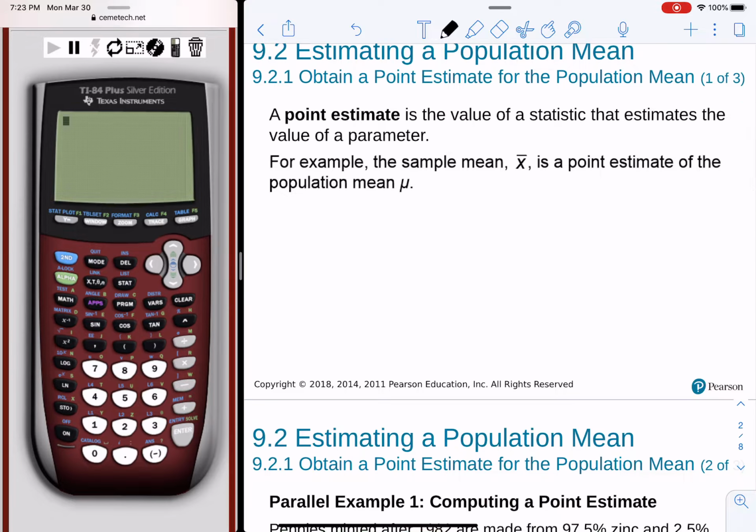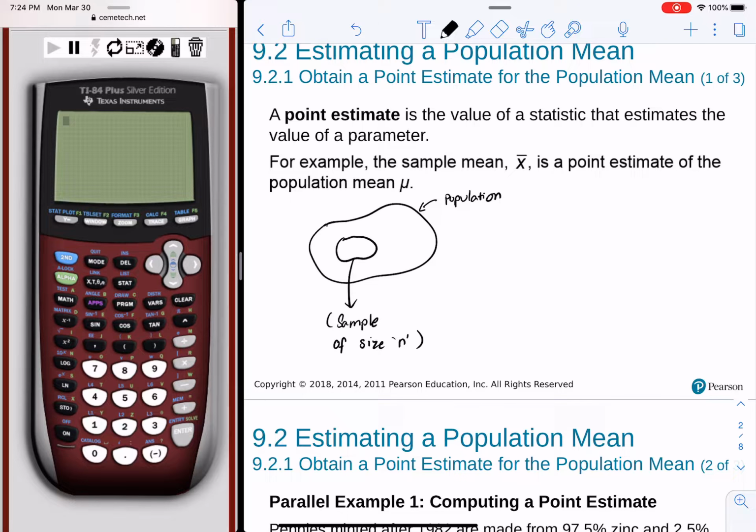So, as I mentioned, once we have a population, we can get a sample, let's say of size n.